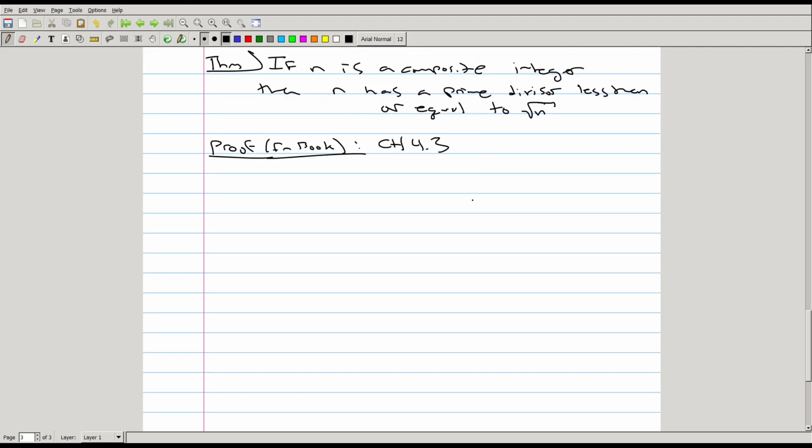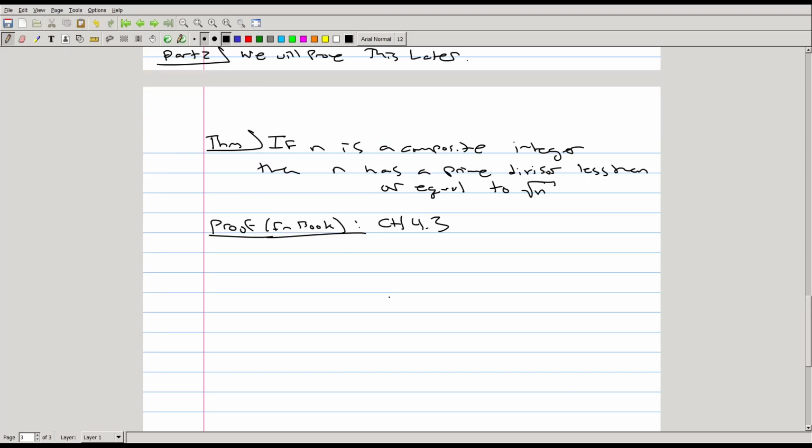However, this is a useful theorem for a lot of different reasons. For instance, if you take the contrapositive of this statement, it's going to be that if n does not have a prime divisor less than or equal to the square root of n, then n is not a composite integer, or n is prime.